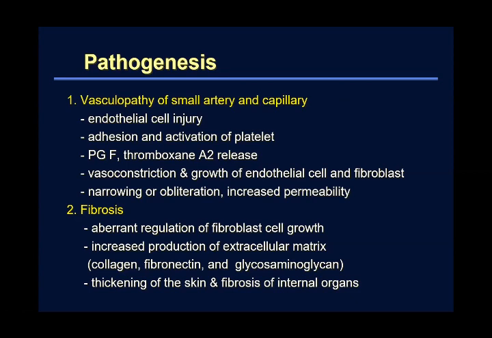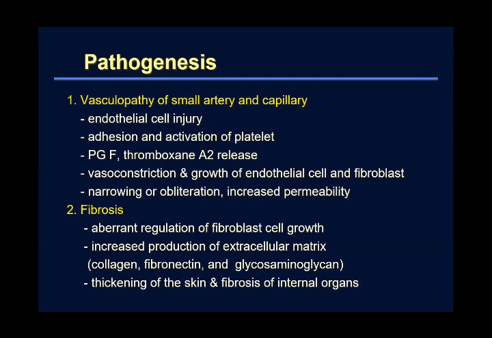This is the whole cascade of events in vasculopathy, leading to intimal growth and narrowing and obliteration of the vessels, especially the renal and pulmonary vessels. The patient can become hypertensive crisis.